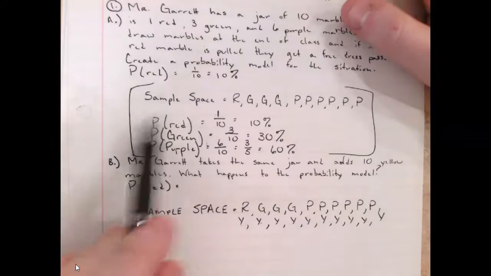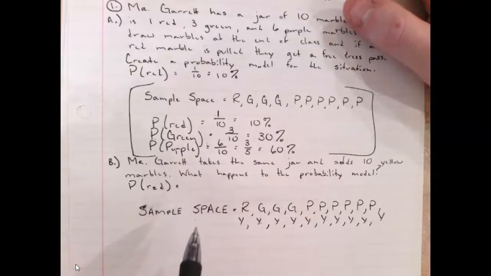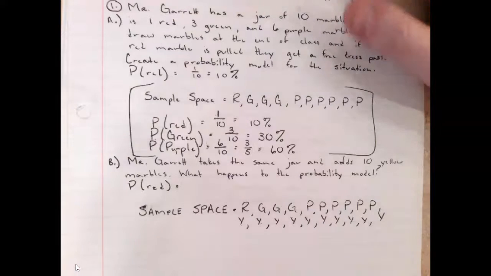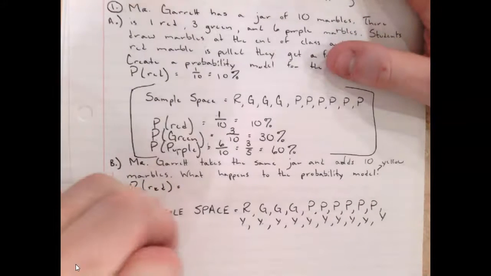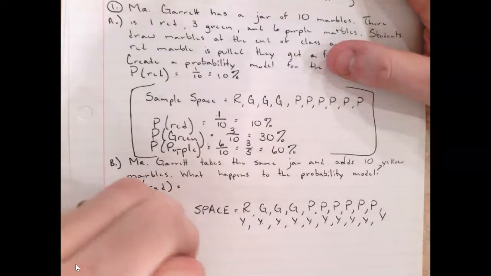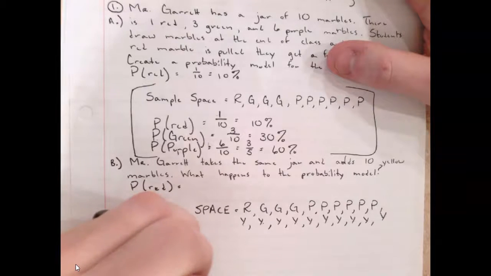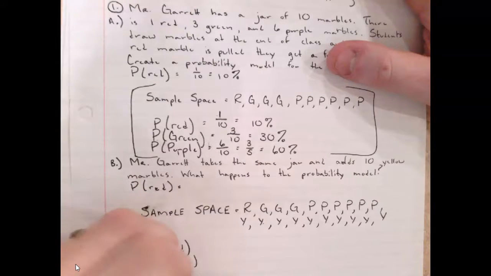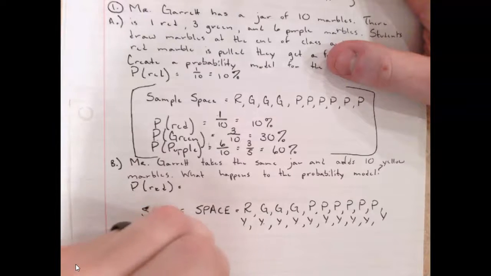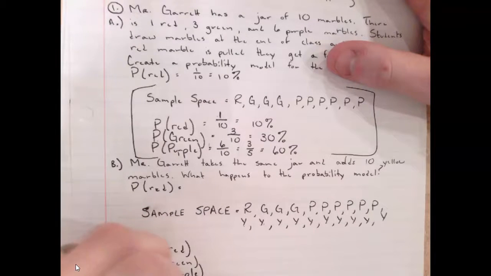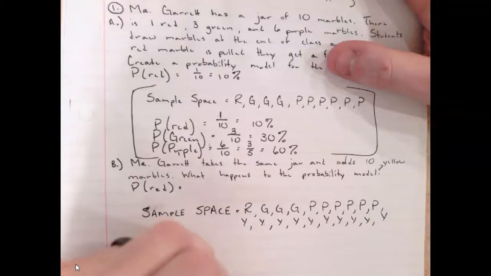Next, I need to create this probability model of these different events. The events in the sample space are not going to change. I'm still going to have the probability of red, the probability of green, and the probability of purple. I'm just adding to this the probability of yellow.